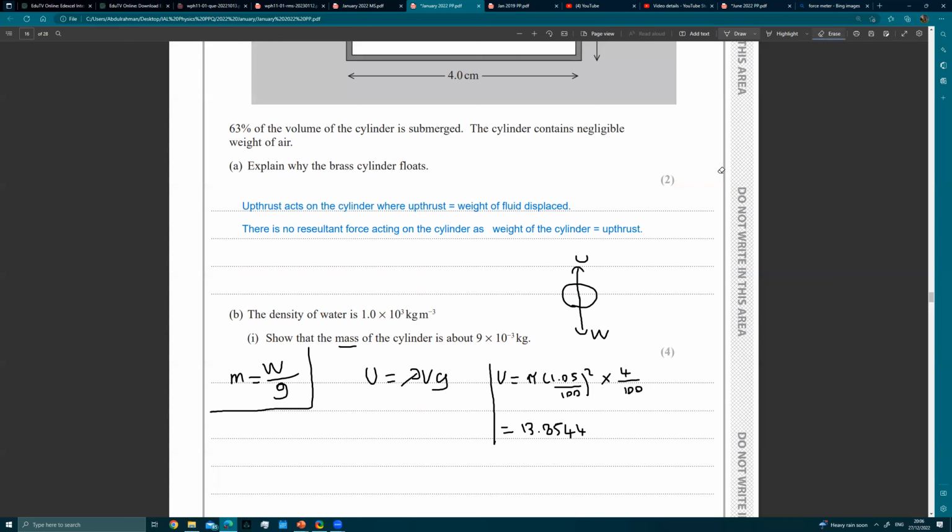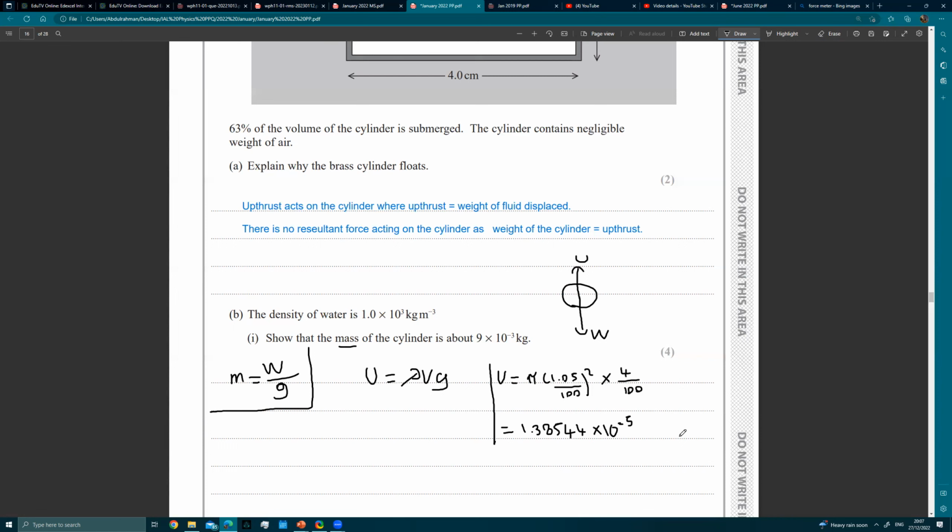Let's keep it in standard form as well. So 1.3... 3.464 times 10 to the minus 5, because I kept it in standard form.